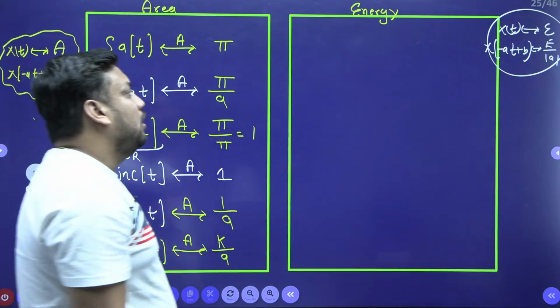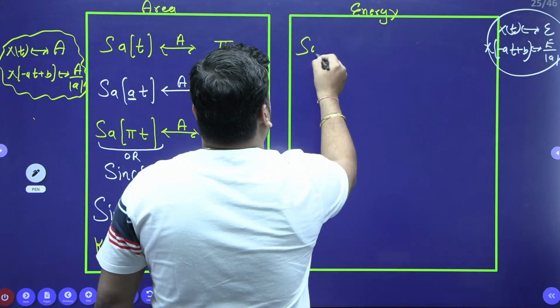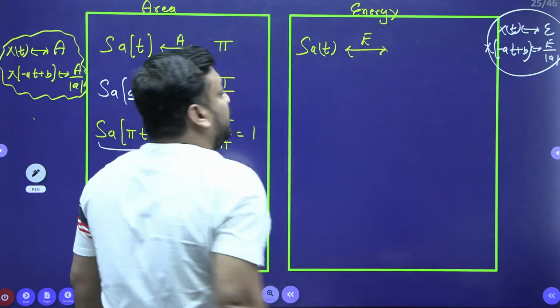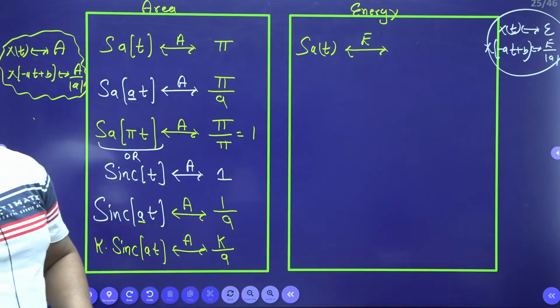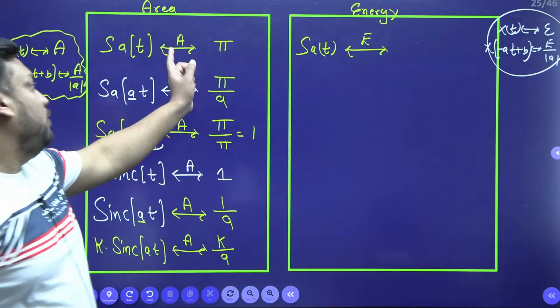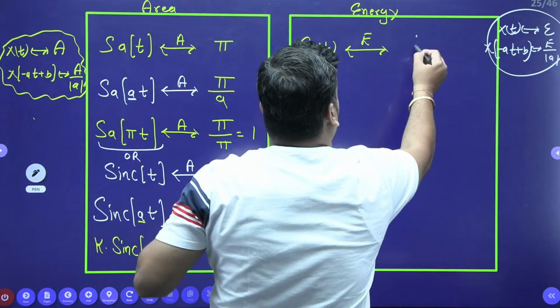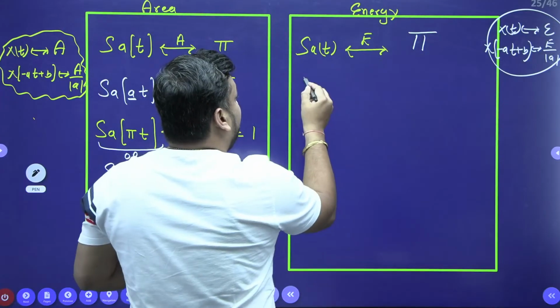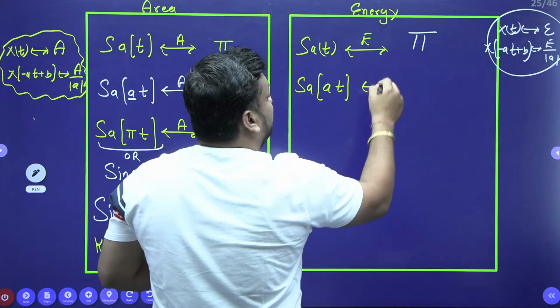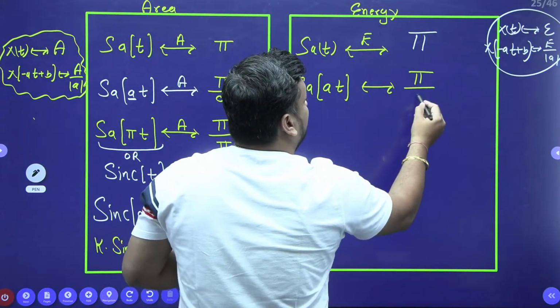Yes. So now tell me, children, if I am writing here my sampling function, what is the energy of the sampling function? Sampling of t area is pi, sampling of t energy is also pi, sir. So if I write the energy of sampling of at, then because of the scaling factor we divide the energy, so it is pi by a.